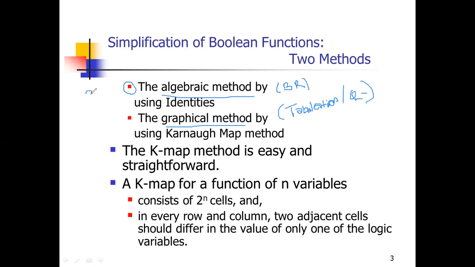It may be equations of two, three or four variables, sometimes five variables also. Then the graphical method. The graphical method is again divided into two: one is by using a Karnaugh map, and another is by using the Quine-McCluskey method.